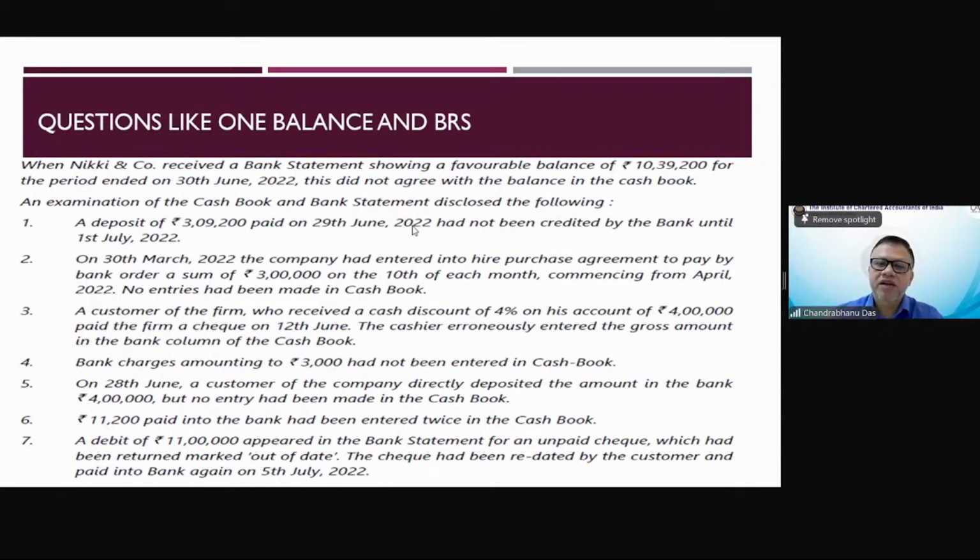Yes, Mehak Parasha raised hand. Yes, tell. So the check is being deposited in the bank. I'm not able to hear you, please. Mehak, can you say?